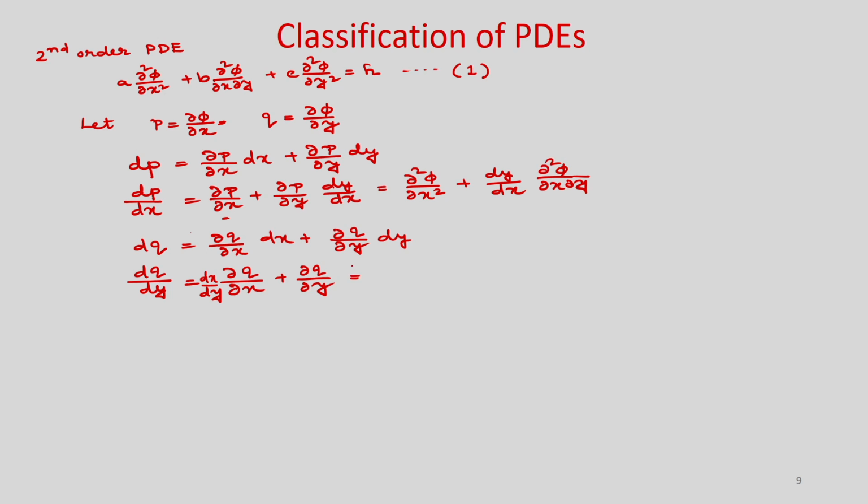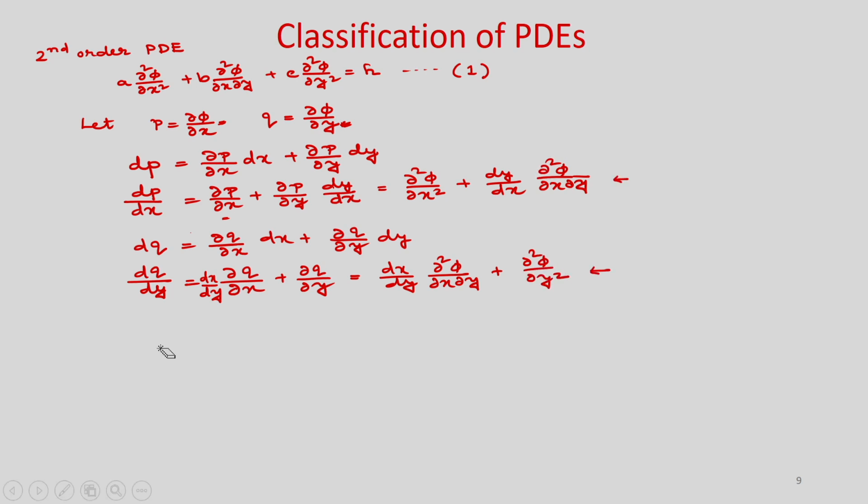Okay. So, q is del phi by del y. So, del q by del x, if you take the derivative with respect to x of this q, which is del phi by del y, then you will get del 2 phi by del x del y, and if you take del q by del y, then you will get del 2 phi by del y square.